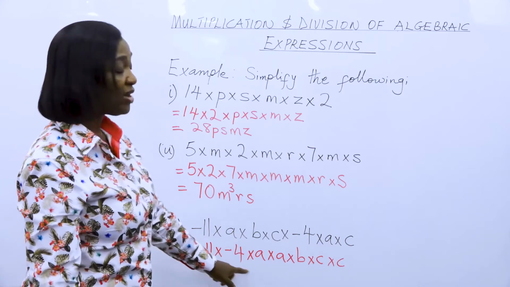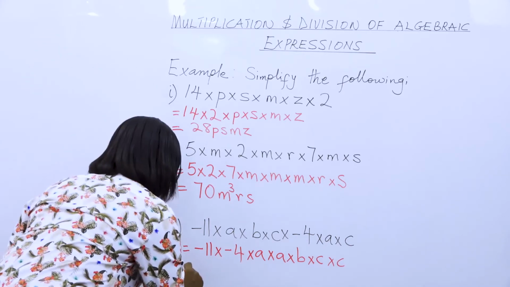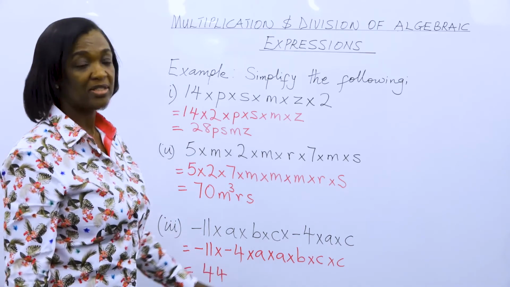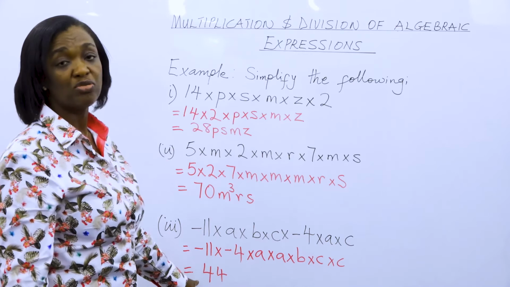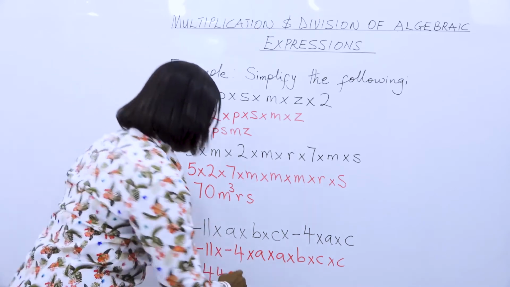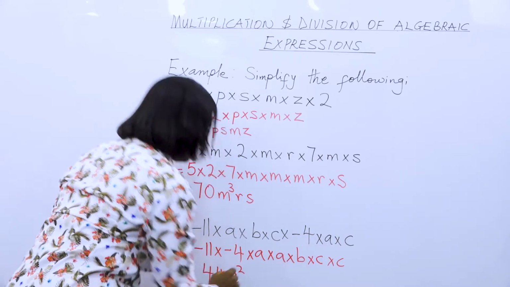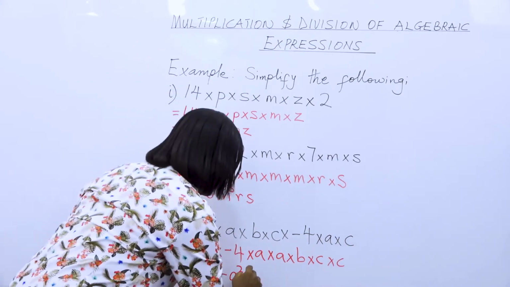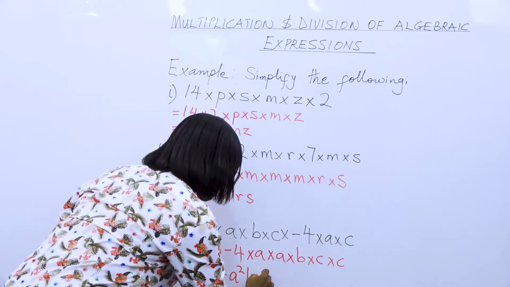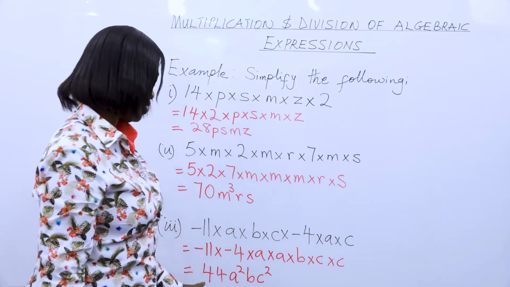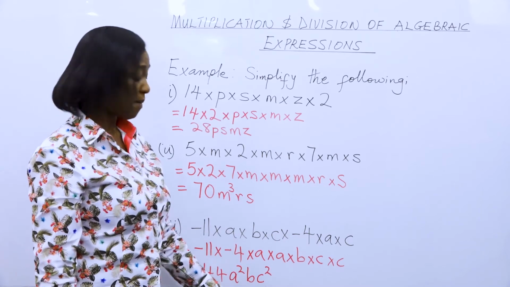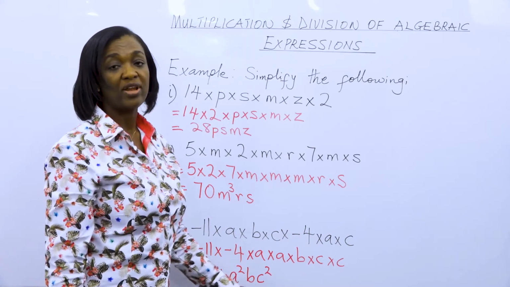Minus 11 times minus 4 is equal to positive 44, because minus times minus is plus. We don't need to write the plus sign there. A times a is a squared times b. So we attach the b. C times c is c squared. So the answer is 44 a squared b c squared.